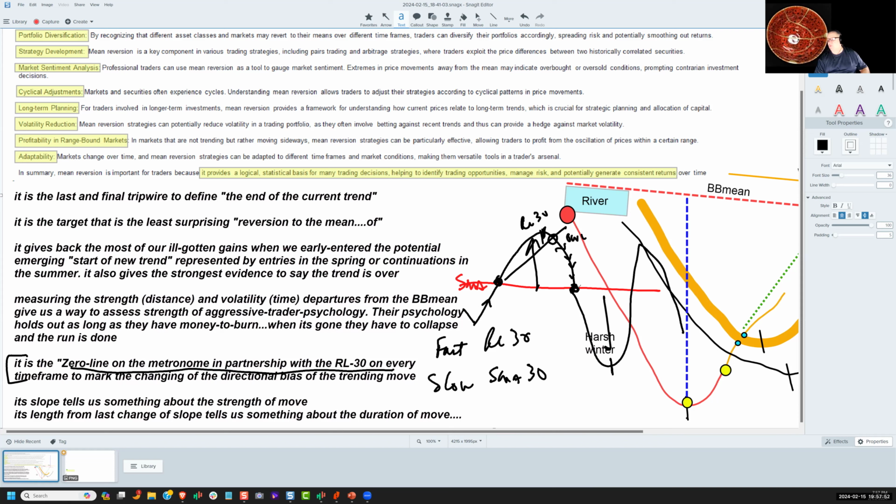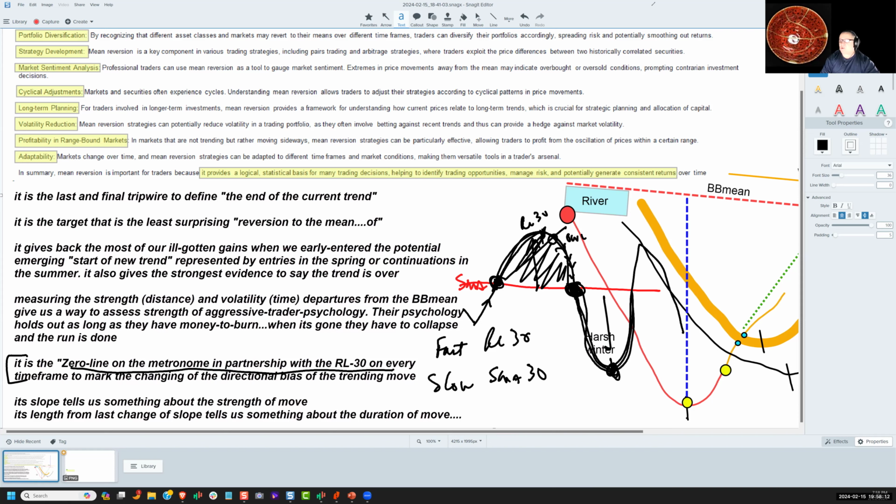And where's the mean going to? It's going here. And when the RL30 crosses the SMA 30, that entire run has gone up and has now come back. So that run is done. And now you're thinking about this move. So now how far below can it go from here to here?